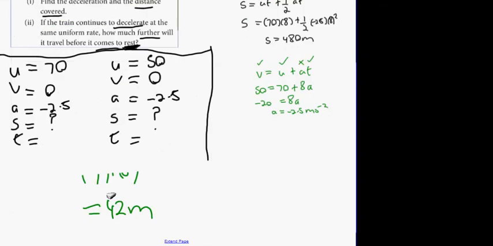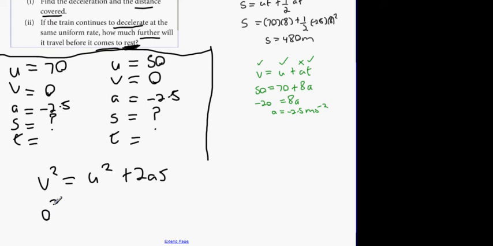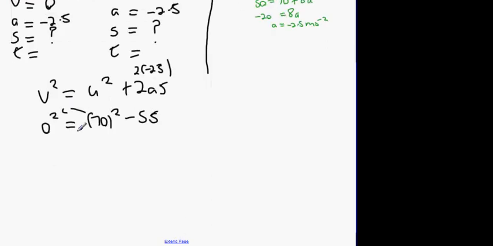Now, in this question, I don't have time. I can find time, but I can skip that altogether and just use v squared equals u squared plus 2as. So then what I get here is 0 squared equals 70 squared plus 2 times minus 2.5, which is minus 5s, and then bring that over to your side.